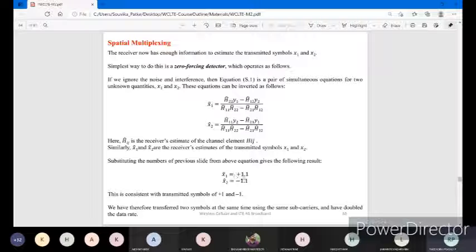But the values you see are the same. You will not get x1 as 1.1 and x2 as 1.3 or 0.9. It will be the same, only the difference will be the sign. And why is there a sign difference? Because of the out of phase. Okay.